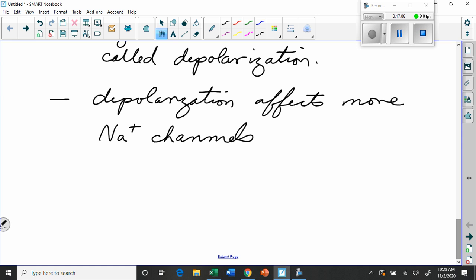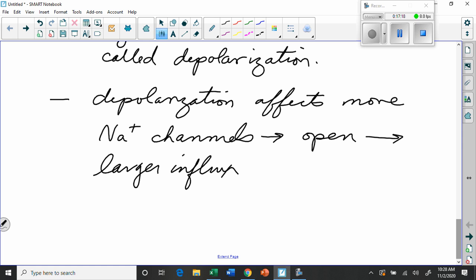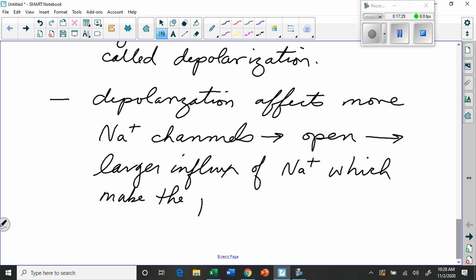So it affects more sodium channels, causing them to open, which results in a larger influx of sodium. Incoming, right? Of sodium ions, which makes the potential change even more quickly.